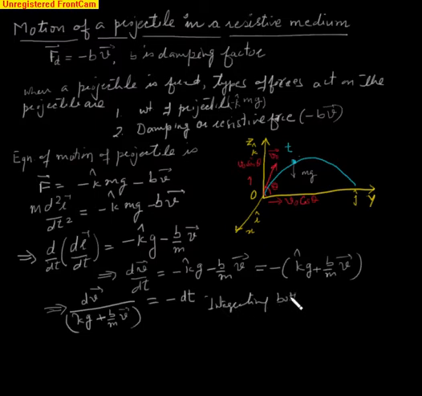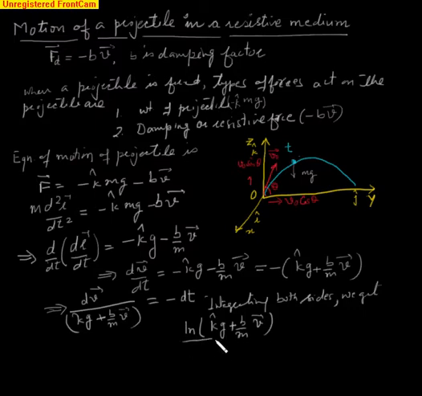We will get the log of this denominator, that is k g plus b over m into v vector, and since this is not alone and this coefficient is there, we have to differentiate this in the denominator.